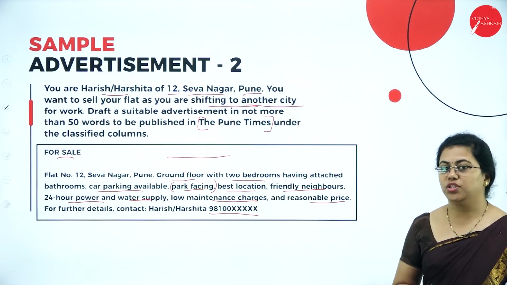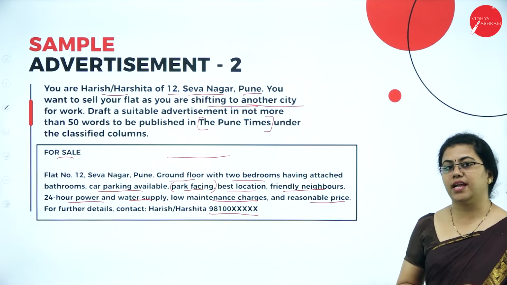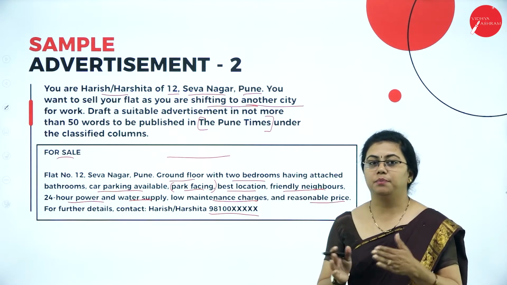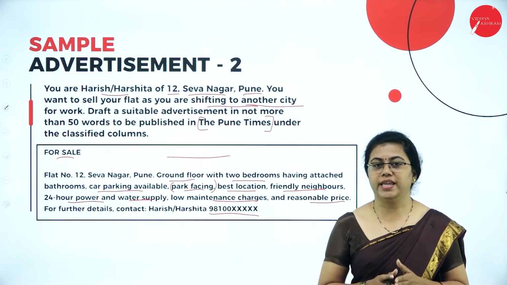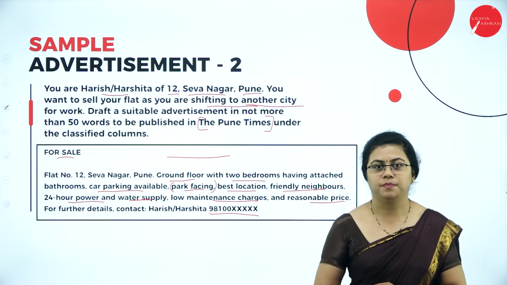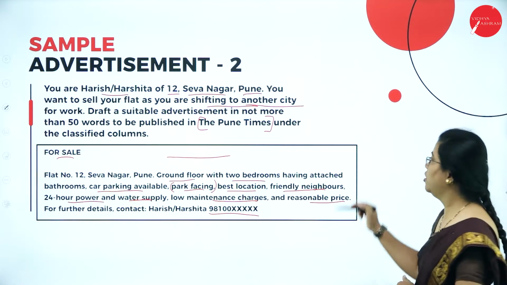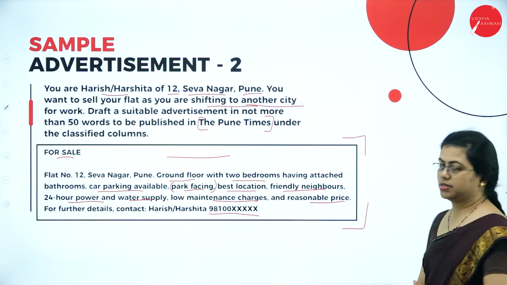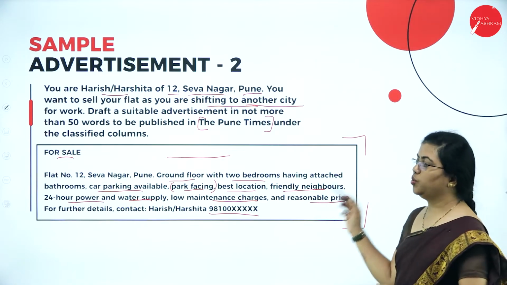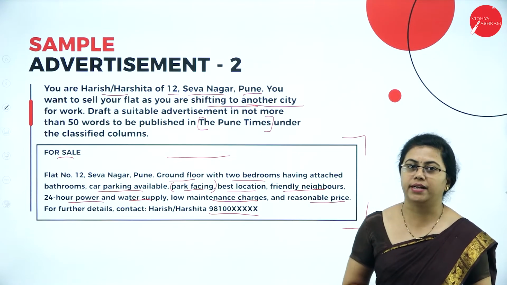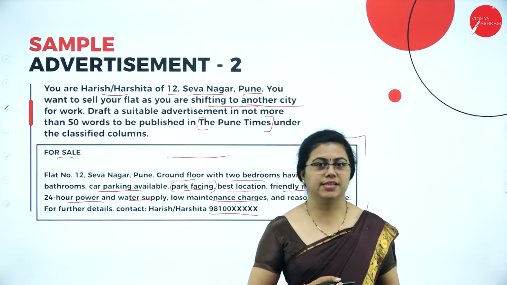Okay, so he'll ask for the price, and then he will decide whether to come there or not, because that person who is willing to buy, whatever price he gets to know, that should be in his budget, isn't it? So this has to be specified, and as I told before, this is enclosed within a box. Okay, so this is how you write an advertisement for selling of the flat. We will have more practice when you come for the physical classes.